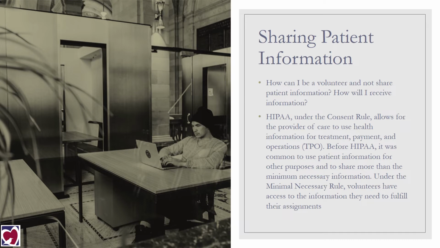HIPAA, under the consent rule, allows for the provider, in this case Meadowlark Hospice, to use health information for treatment, payment, and operations. Before HIPAA, it was common to use patient information for other purposes and to share more than the minimum necessary information. Under the minimum necessary rule, volunteers have access to information they need to fulfill their assignments.